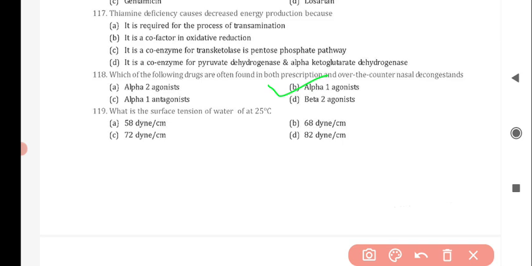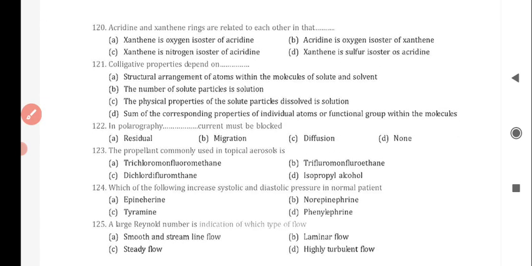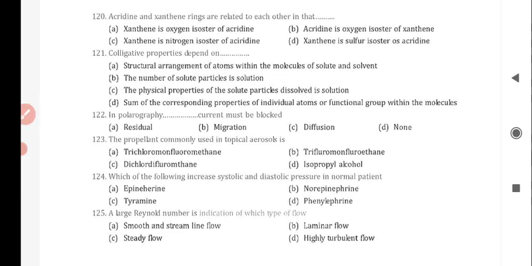And the correct answer is option number C, 72 dyne per centimeter. Next question is, acridine and xanthine rings are related to each other in that, and the correct answer is option A, that is xanthine is oxygen isostere of acridine.